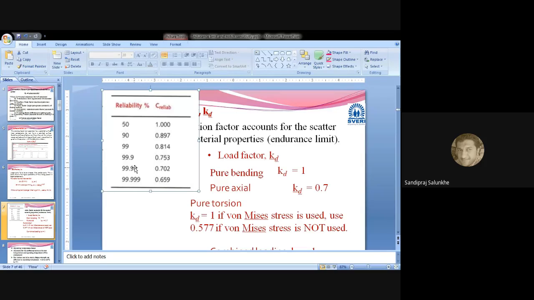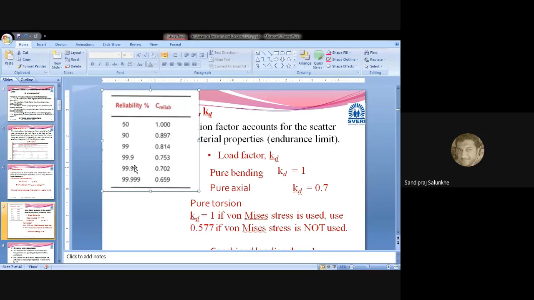And when we are talking about 99.999%, that means it is much more reliable. Moving from 99 to 99.999 takes huge experimentation. It doesn't mean that 99 and 99.9 are close to each other, so that we can consider the reliability factor high.